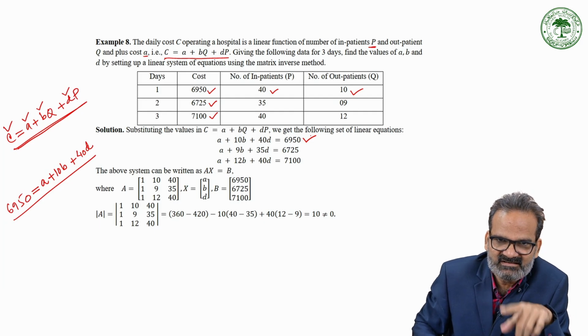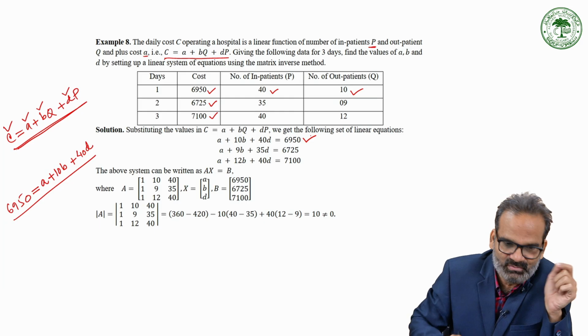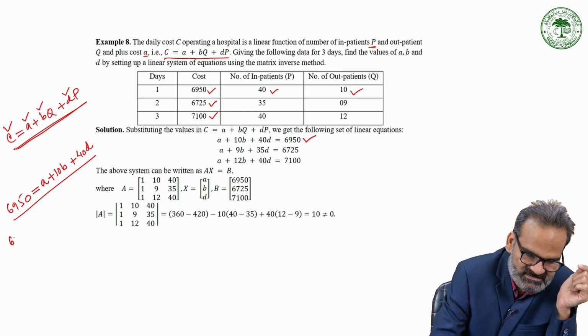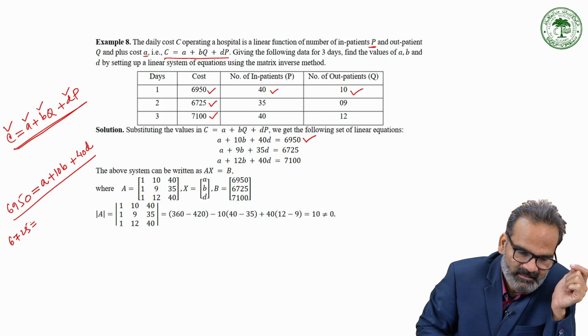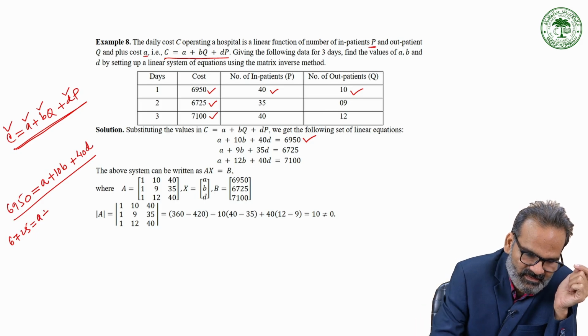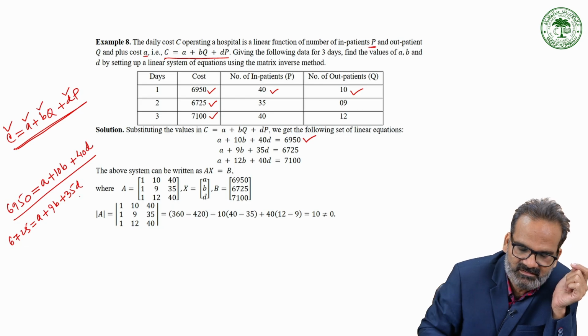Similarly, construct the equation for day 2. Here the cost is 6725. This is equal to A, which will remain as it is, plus Q here is now 9 times B and P here is 35 times D. This is equation number 2.